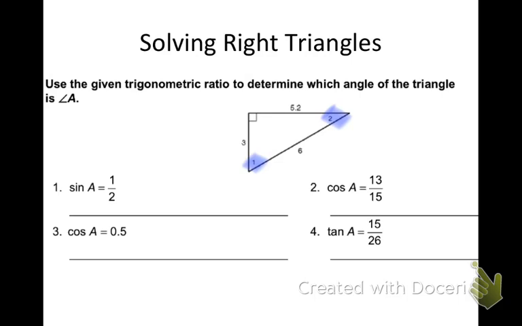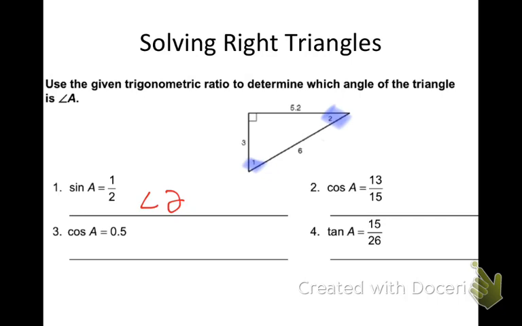Which ratio of side lengths gets you to 1/2? 3 and 6, right? Now, sine stands for what in SOHCAHTOA? Is it angle 1 or angle 2? That would give me opposite over hypotenuse, 1/2. Angle 2, because it's opposite over hypotenuse. That's angle 2.